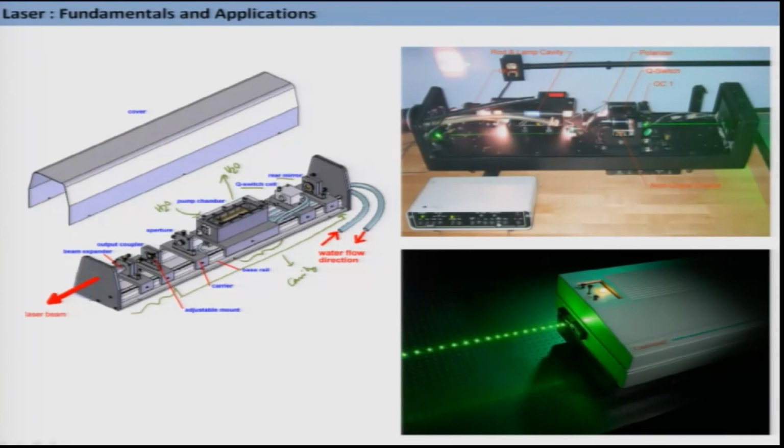You can also see that the color of the light is green, although the Nd:YAG laser gives a wavelength of 1064 nanometer. This means that inside this one you keep another crystal which can convert that 1064 to a visible green wavelength, which is 532 nanometer.